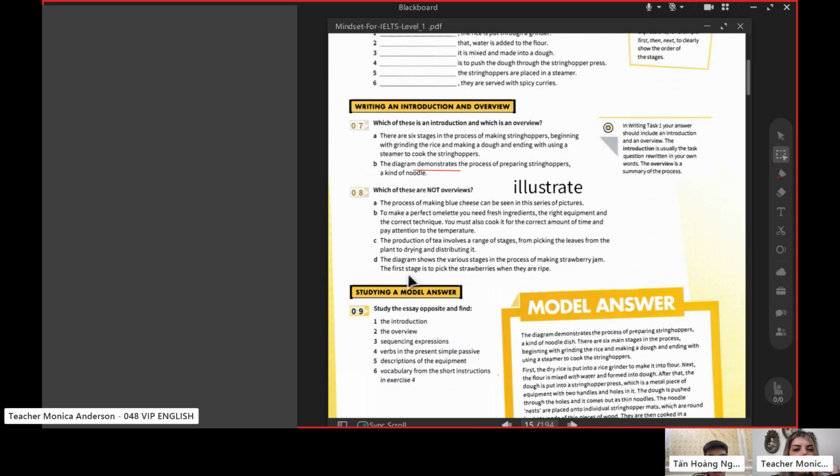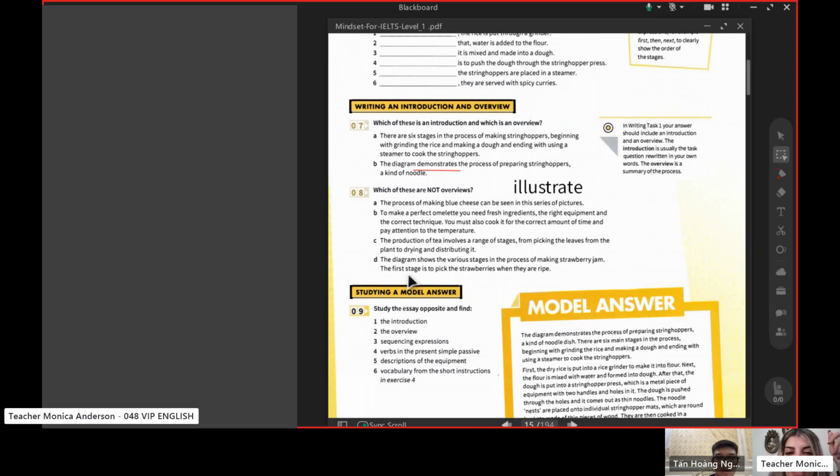And B. To make a perfect omelette, you need fresh ingredients, the right equipment, and the correct technique. You must also cook it for the correct amount of time and pay attention to the temperature. No, it's not an overview, you say.